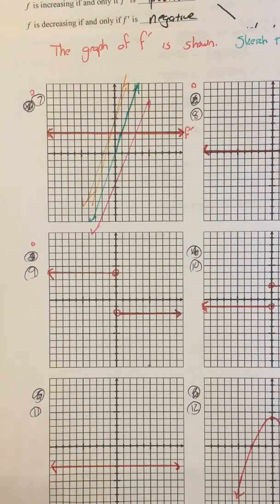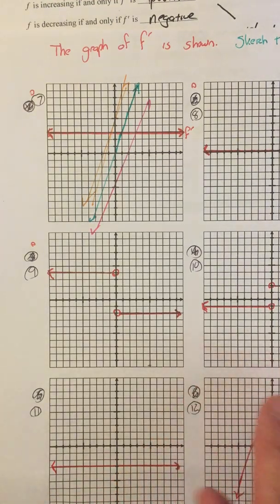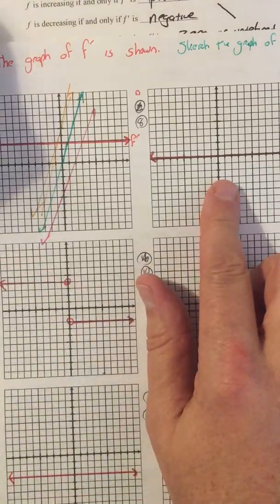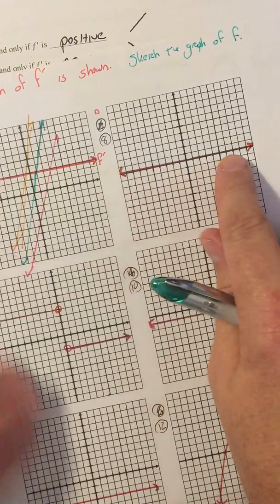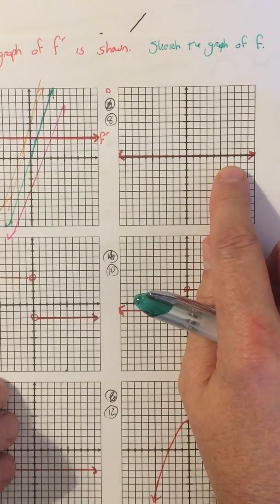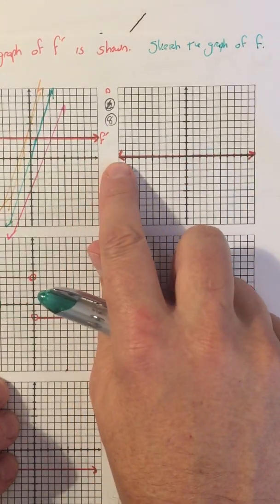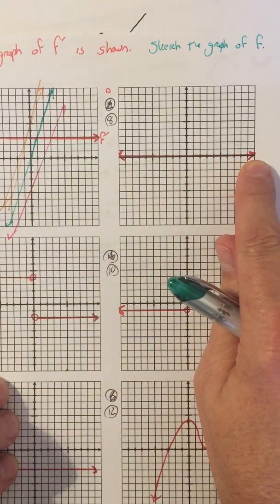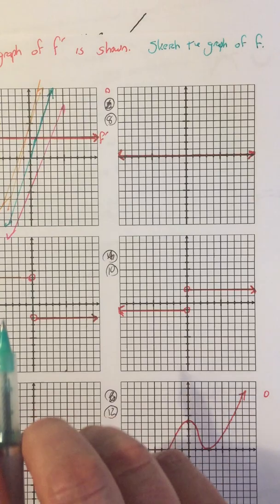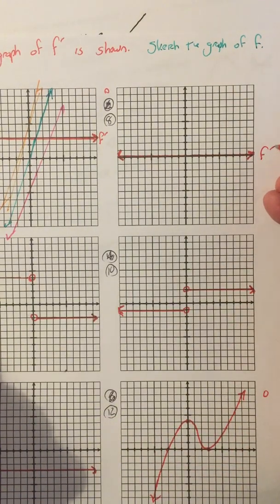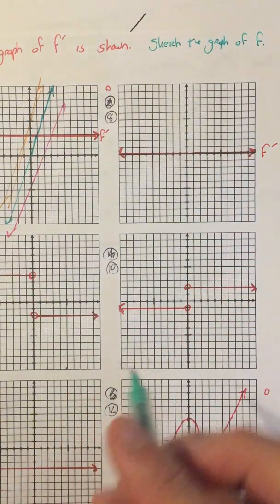All right, with that in mind, let's look at number 8. Number 8 is also a constant function, but it's different because it's constantly 0. So what that means is that f prime is constantly 0. That means the slope of f is constantly 0.